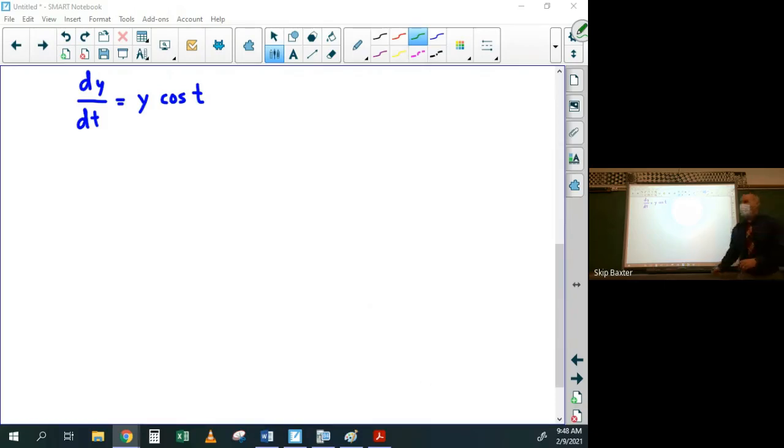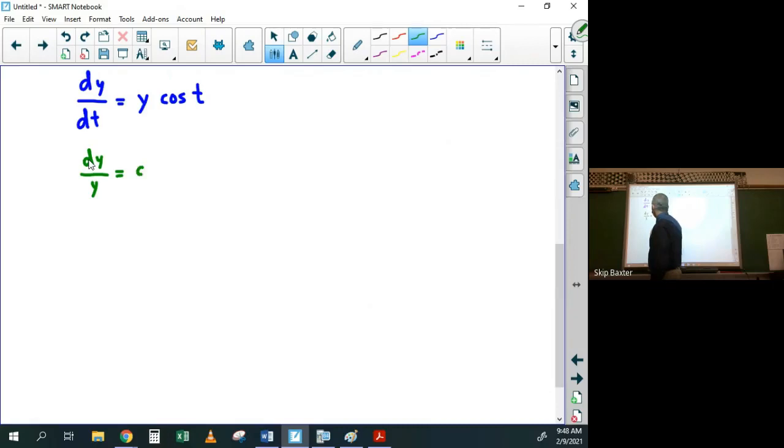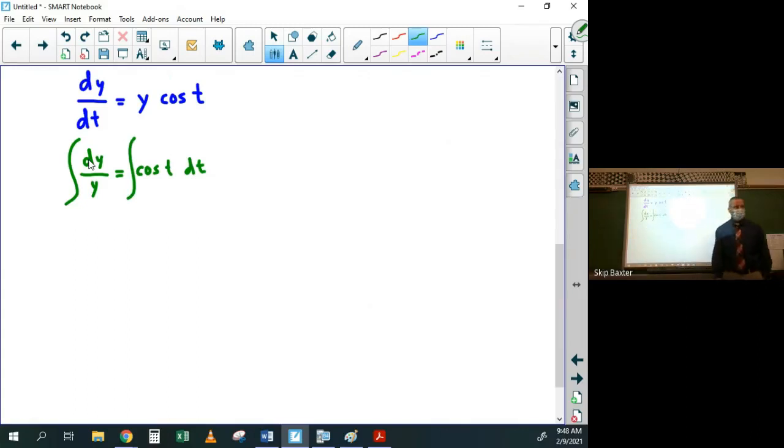Anyone? Okay. So separate the variables. So this would be dy over y equals cosine t dt. Then integrate. What's the integral on the left going to be? ln y.